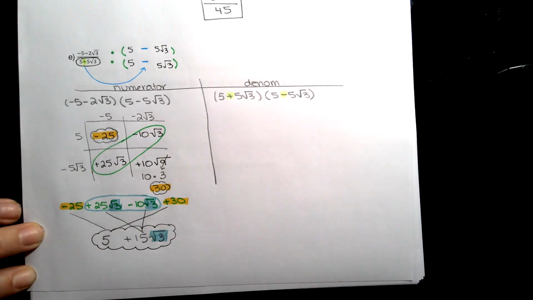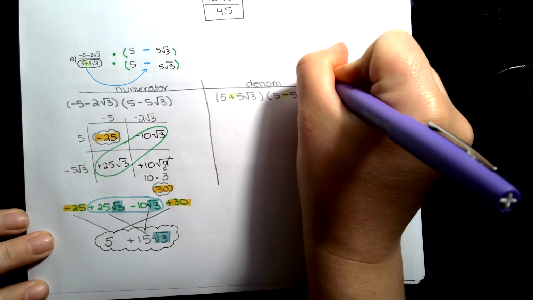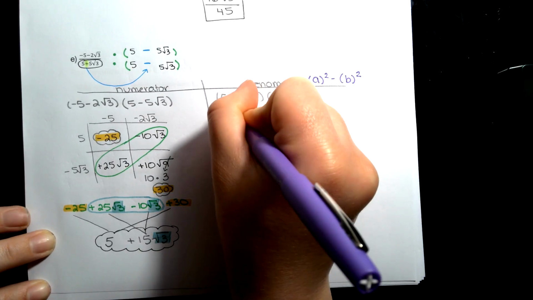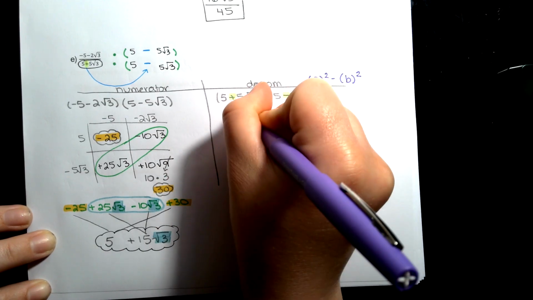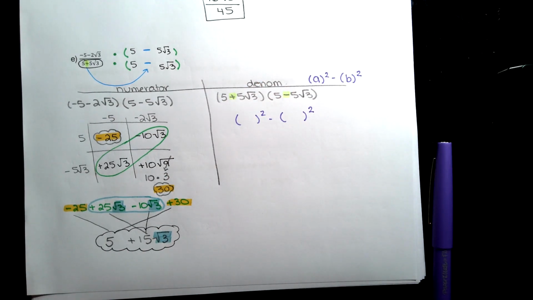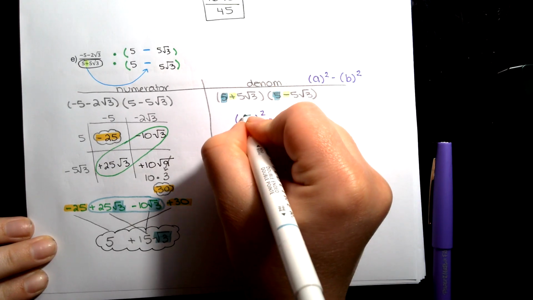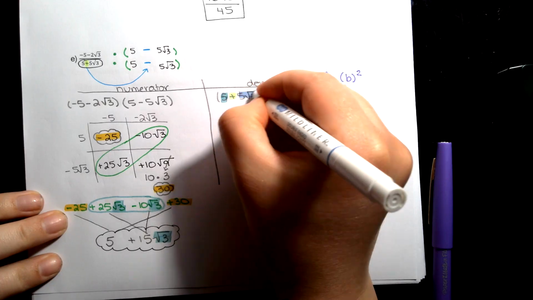Okay. And then for your denominator, we do have a pattern. This is your difference of squares. So we got a squared minus b squared. So a is 5. And b is this 5 root 3.